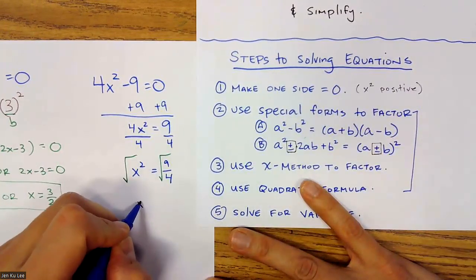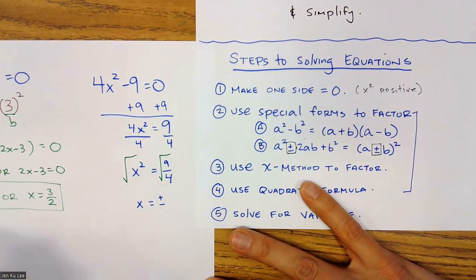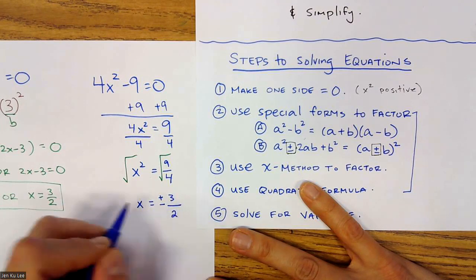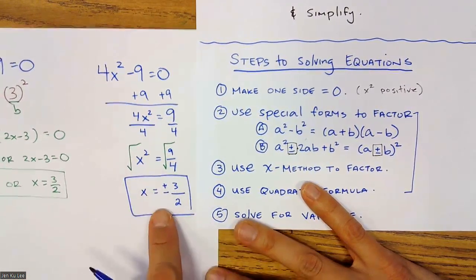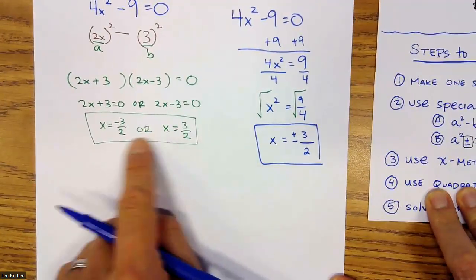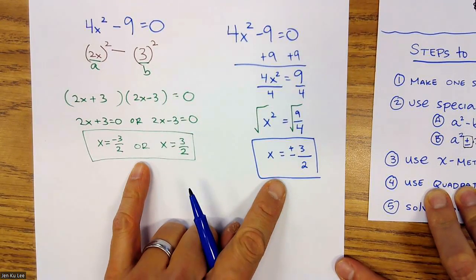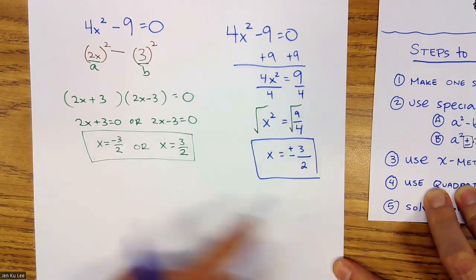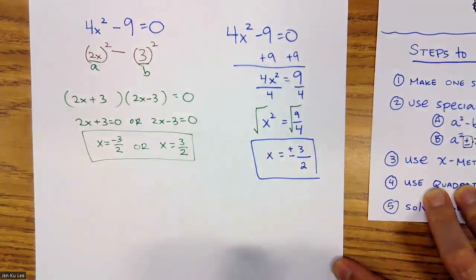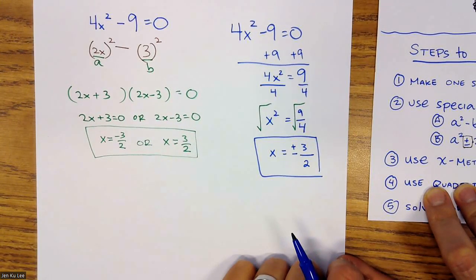So we have x equals plus or minus, what's the square root of 9? 3. What's the square root of 4? 2. So this is actually the same thing as these guys, right? We get the same answer. Okay? So when you see this special form, just solve it out like this, and we learned this in 9.1, right? To take the square root. Okay?